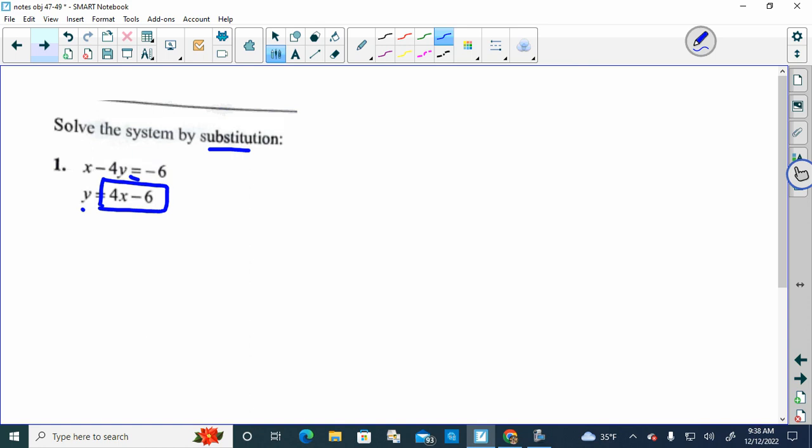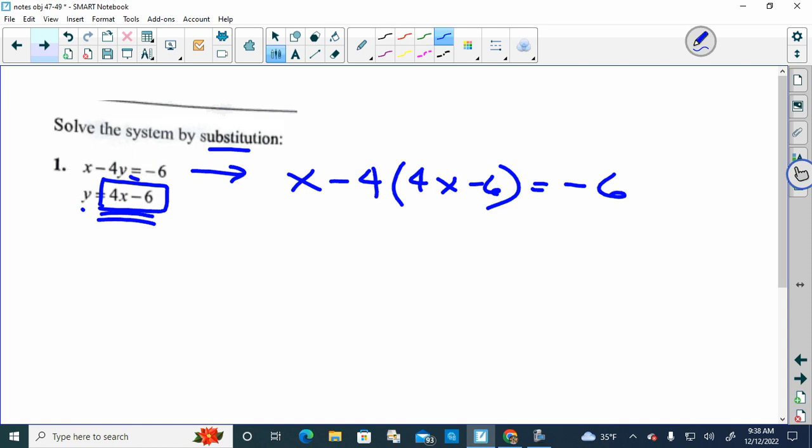So I'm going to rewrite this equation right here, and I've got x minus 4, and I'm replacing the y with what we just said it is, which is 4x minus 6, and then the rest of the equation equals negative 6. If you notice, now all we have is x's in that equation instead of x's and y's like we did in the previous one. So now we're solving for x because that's the only variable in this equation.